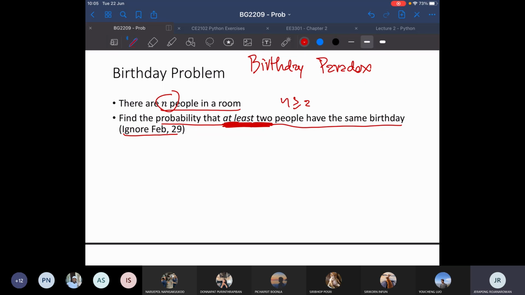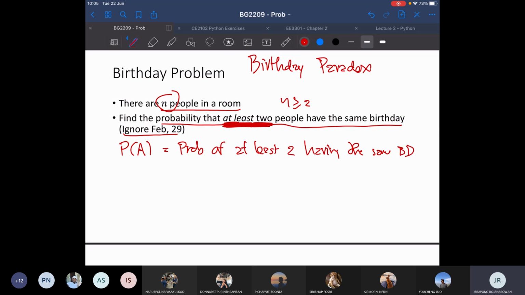What about something else? Probably at least 2 having the same birthday, right? So we want to find P(A), the probability of at least 2 having the same birthday.